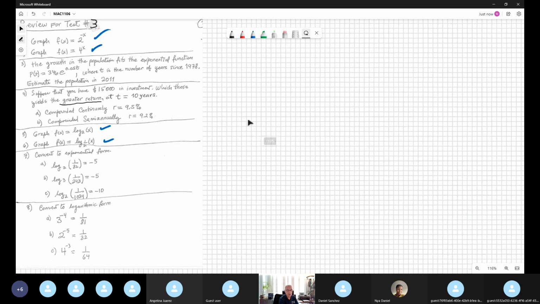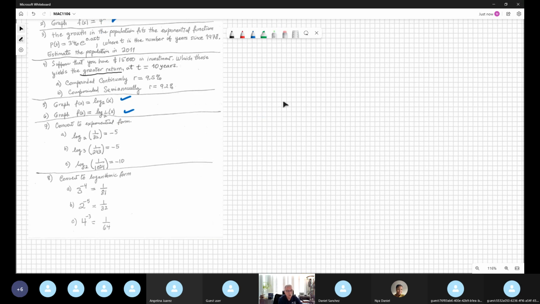Number 7 and number 8 are super easy because it's the conversion. For example, let's copy ABC. Question 7: logarithm base 2 of 1 over 32 is equal to negative 5.